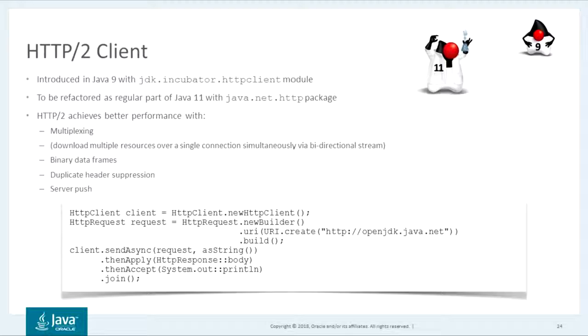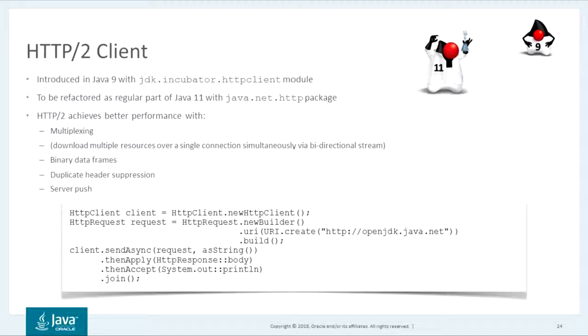Transmitting data in binary data frames is obviously quicker than plain text HTTP, and you can simultaneously upload and download content through the multiplex connection. It has some optimizations. For example, duplicate HTTP headers are not re-downloaded. Therefore, the overall amount of information that you need to download is smaller. And there's the potential ability to do server push because, as I say, the connection is bidirectional.